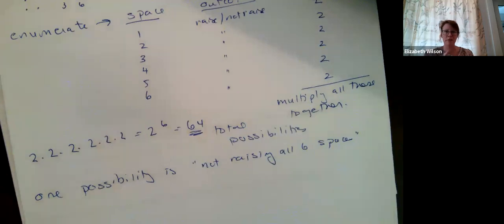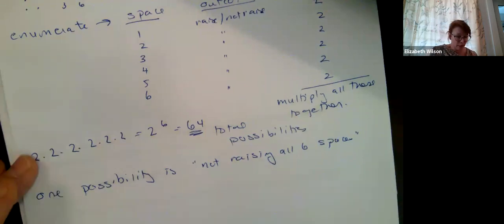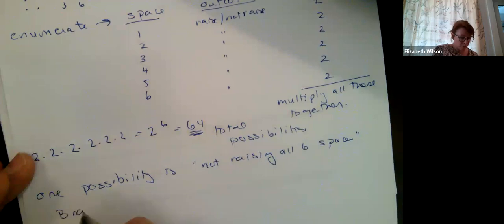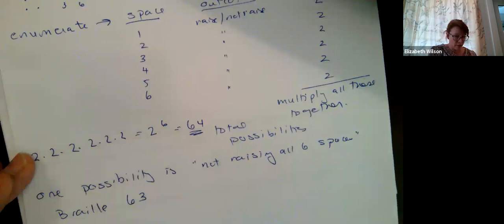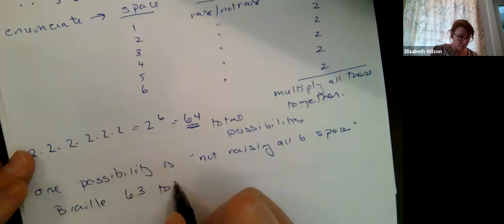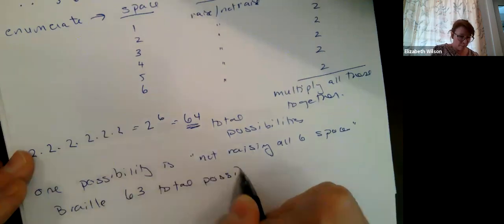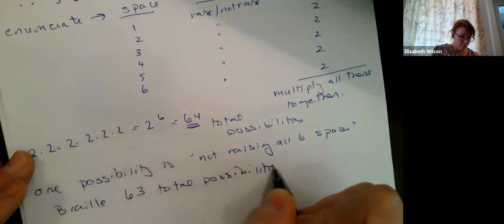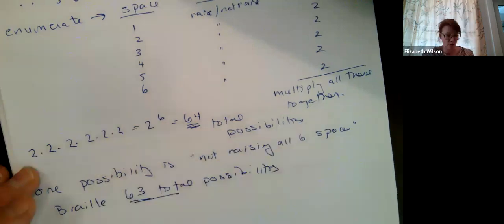If there's nothing there, how can they tell that there's nothing there, or if it's just a gap in the page? So it's not a very worthwhile piece of evidence. So really, in reality, Braille has 63. We discard that one. Okay, so it has 63 total possibilities, because one of them really is meaningless in terms of what our audience is.